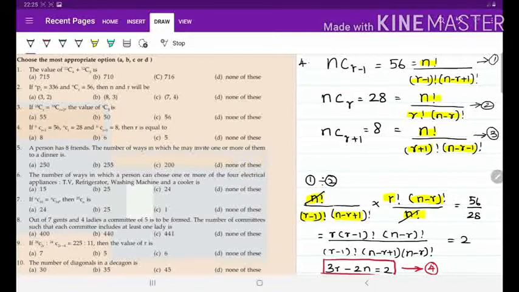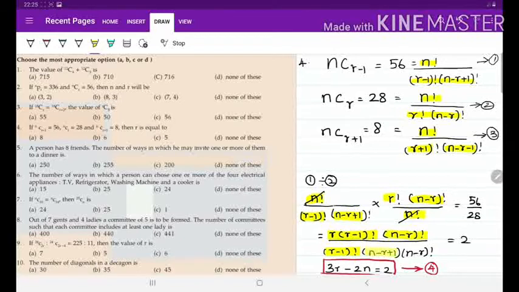Cancelling the common terms n factorial and n factorial on both sides, and simplifying r factorial as r into (r minus 1) factorial, keep (n minus r) factorial as it is and (r minus 1) factorial as it is.